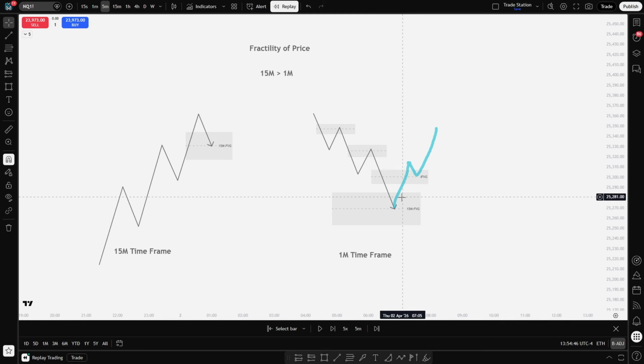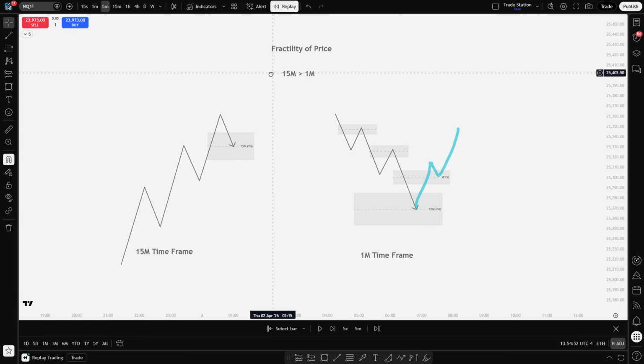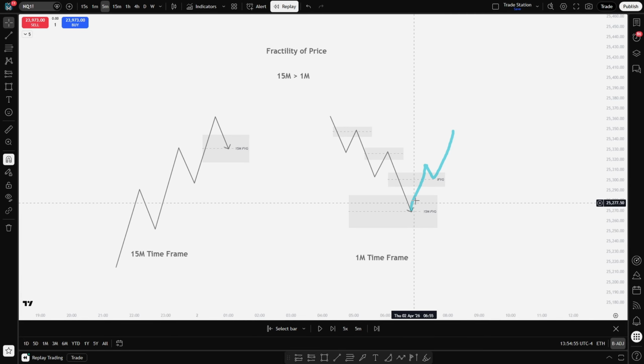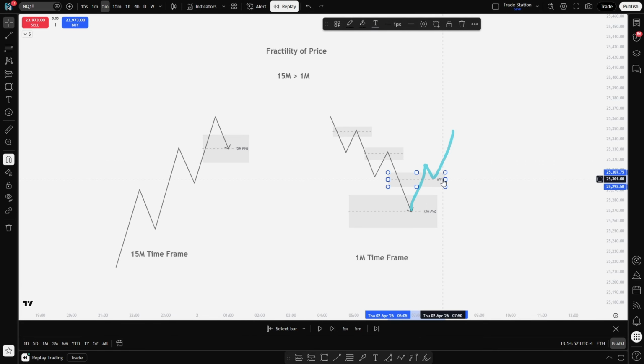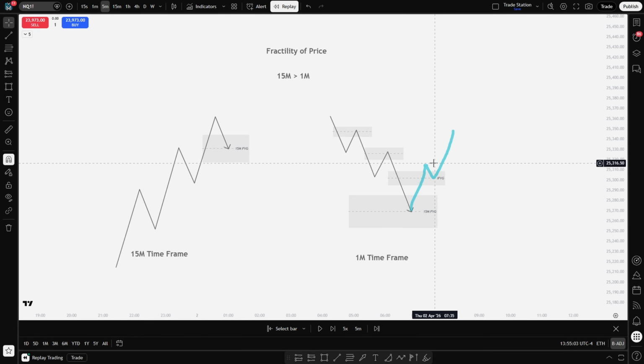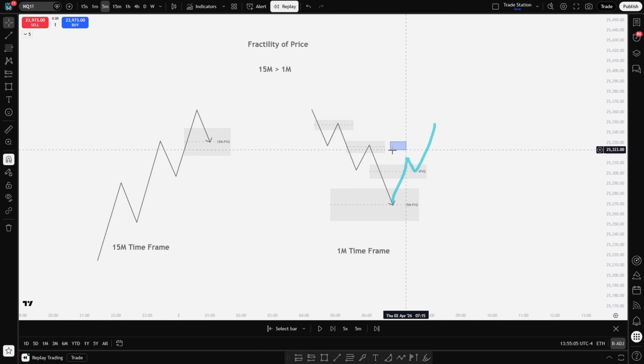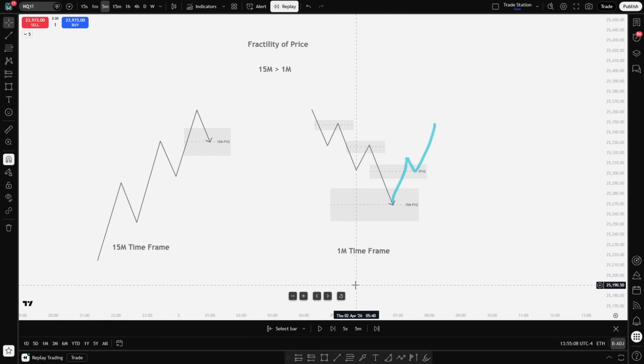So once we get this fair value gap on the 1-minute and we are reacting off of the higher time frame, which is stronger, we then go up and invalidate this fair value gap, which then turns into an inversion fair value gap. Only once we have the inversion fair value gap here, only then do we enter.